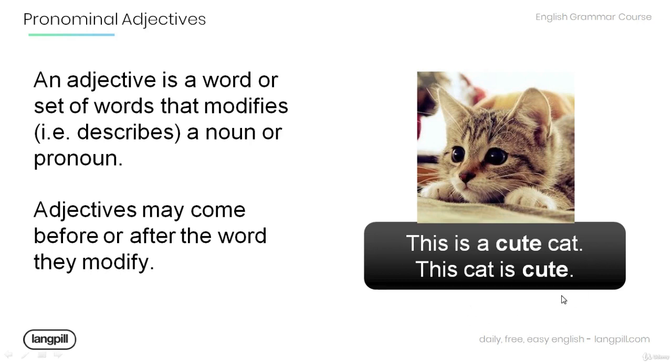This cat is cute. Note that the word cute is an adjective and it's used to describe or modify the noun cat. Now, in the first sentence, the adjective comes before the noun cat, and in the second sentence, it comes after the noun cat.